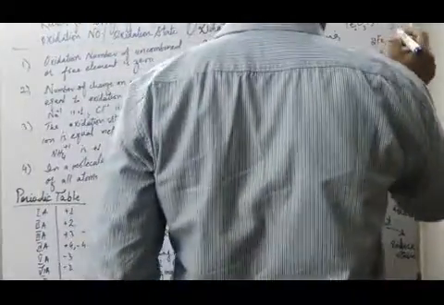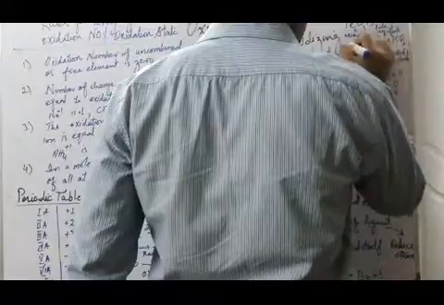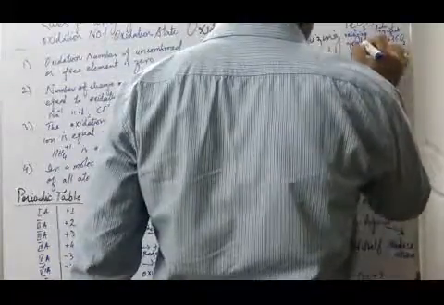So carbon monoxide is the reducing agent, and the iron oxide is an oxidizing agent.